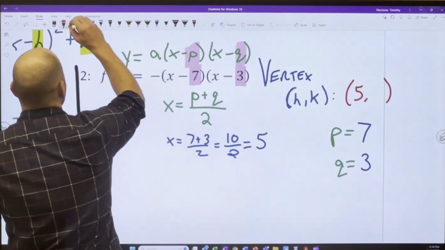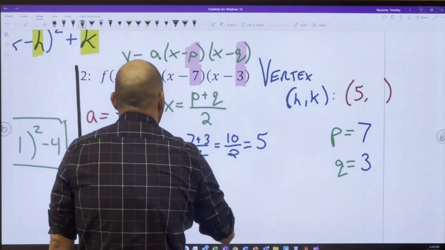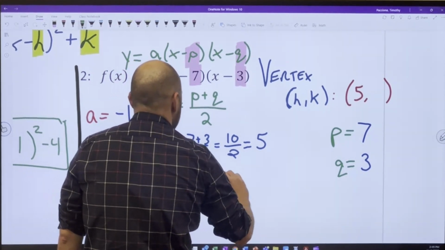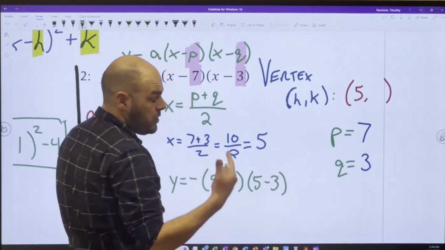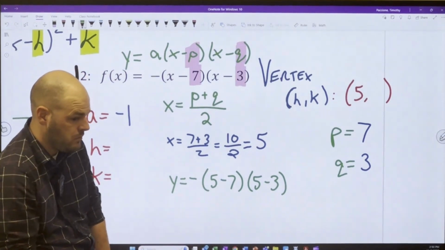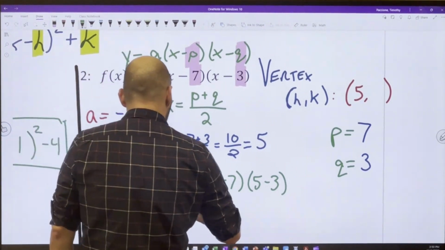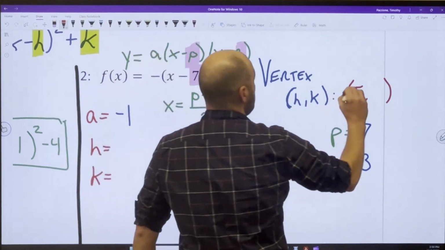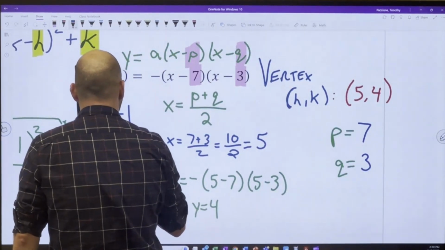So we got y equals negative, well, not x, 5 minus 7 times 5 minus 3. You can plug that in your calculator or you can do the work. Either way, you will get 4. So my vertex is 5, 4, meaning my H is 5, my K is 4.